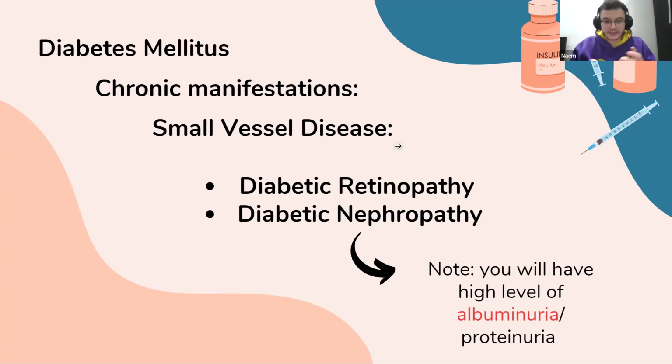So in an MCQ or an SAQ, it's going to be like this. A 17-year-old patient who has type 1 diabetes, or a 65-year-old patient who has type 2 diabetes, presents to the clinic with decreased vision, or with no vision. They're blind now. Why is this? Because of diabetic retinopathy.